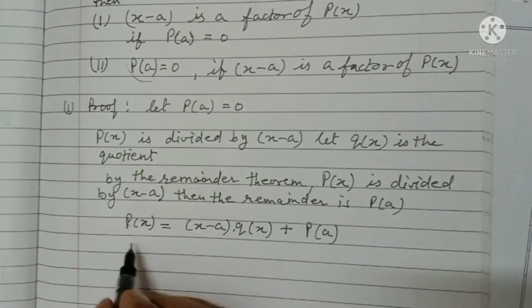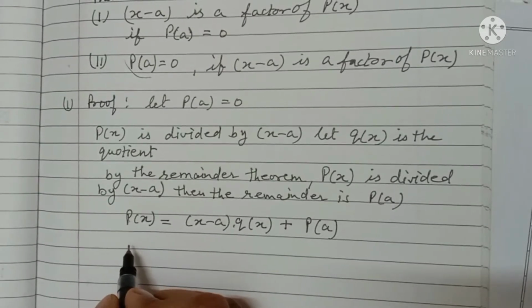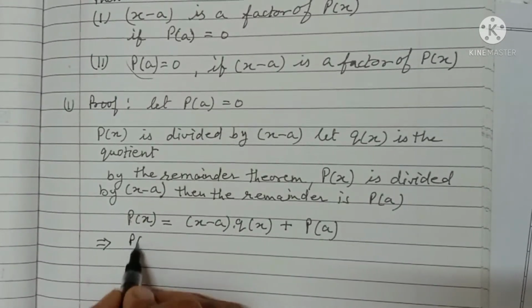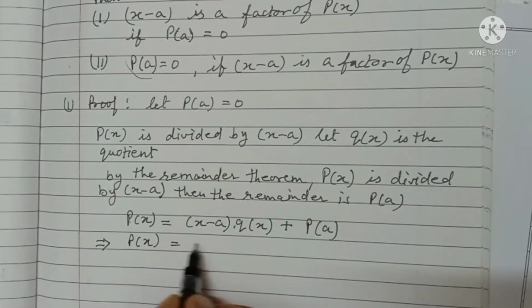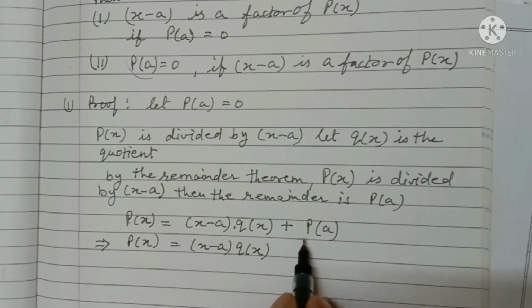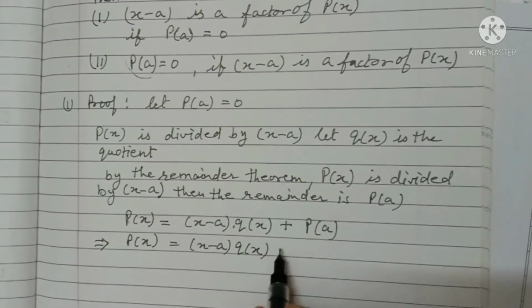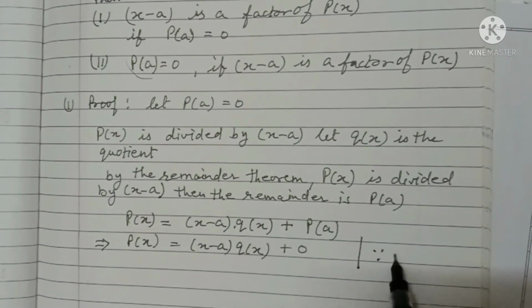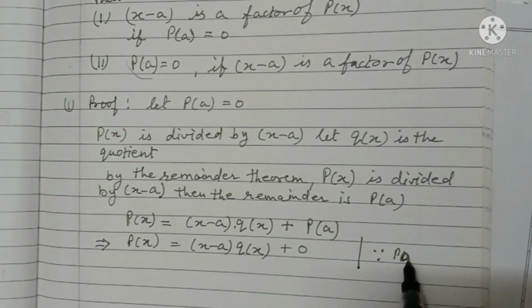So substitute here x minus a and q(x), plus 0, since p(a) is equal to 0.